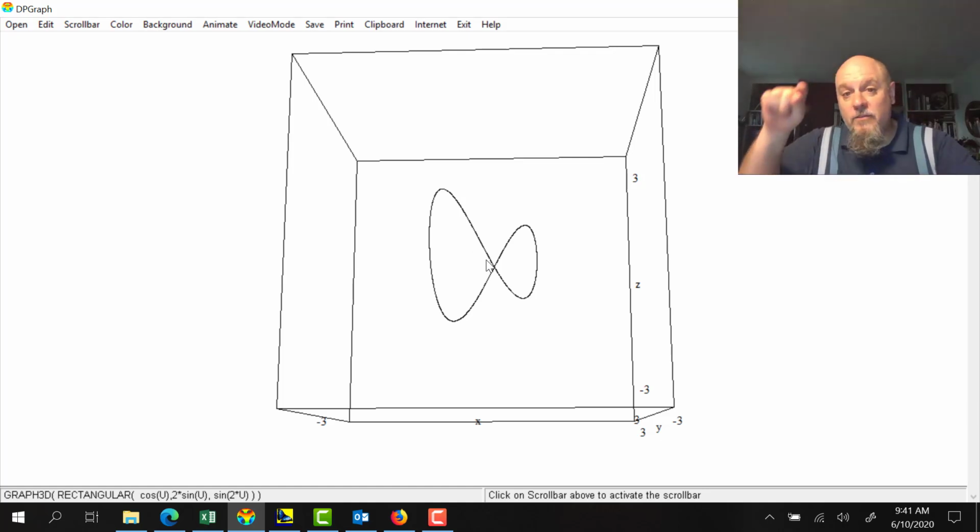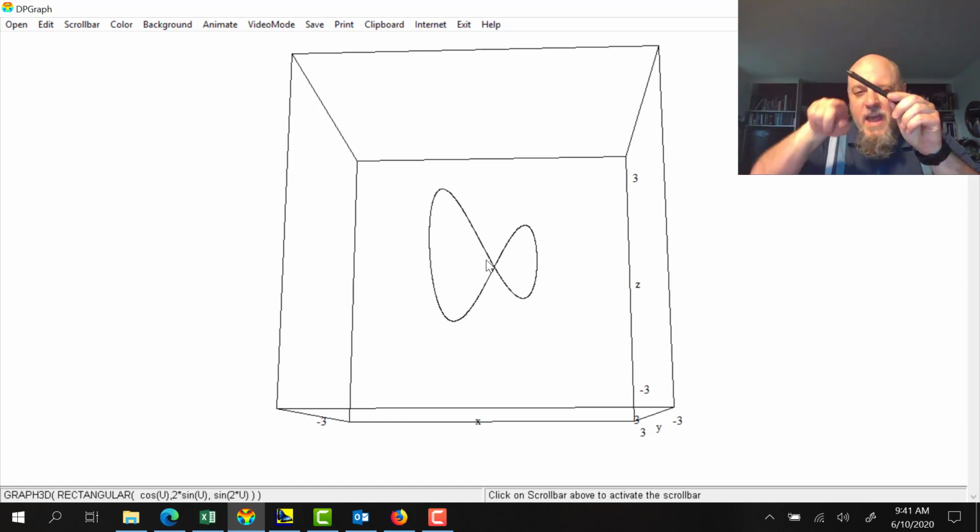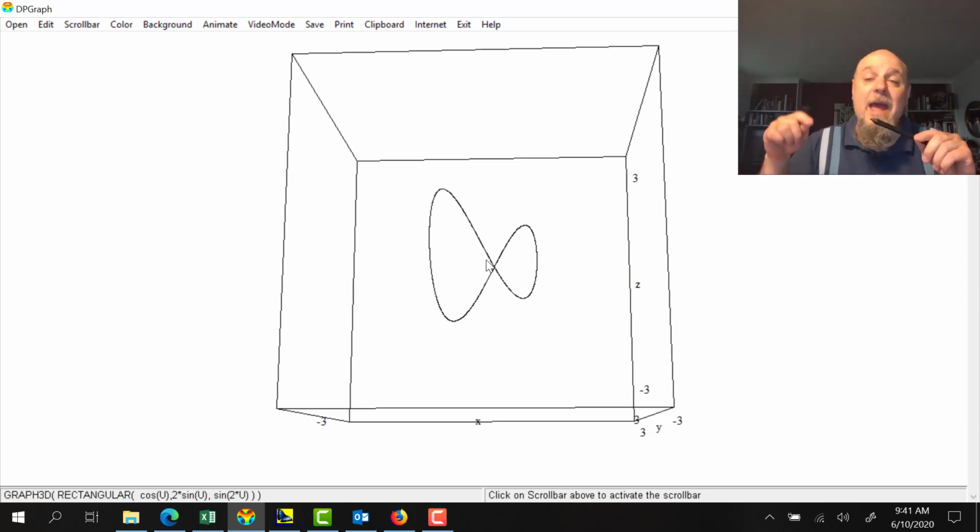So if I've got this space curve, there's going to be a vector that's tangent to that curve that shows you the instantaneous direction that that particle is moving as it goes around the curve. And that instantaneous direction is the direction of that tangent vector. The length of that tangent vector is going to be how fast it's moving, if we're thinking about it as a particle moving around that space curve.